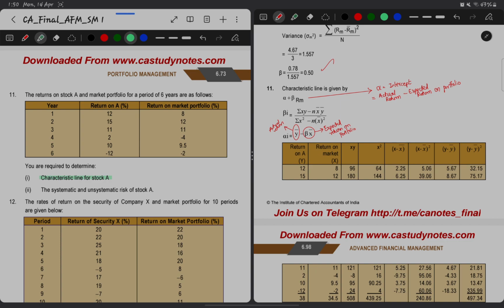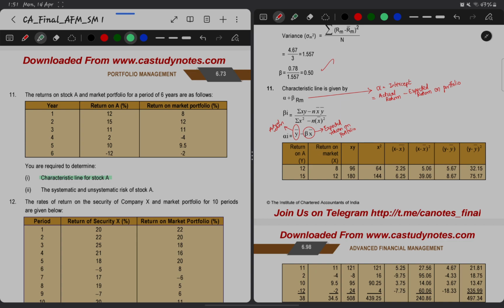Let's say the return is proportional to the market by some 1.5 beta, that much it is sensitive. If the market return goes up by 10%, and the beta is 1.5, then the stock will go up 15%, right?